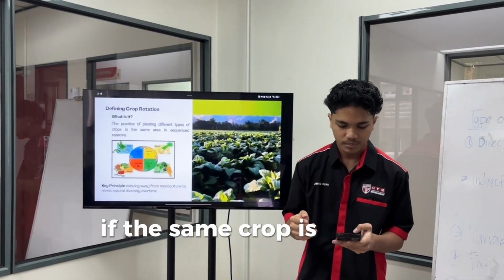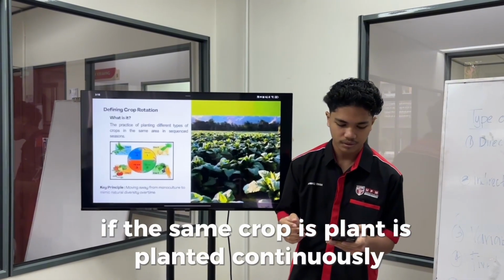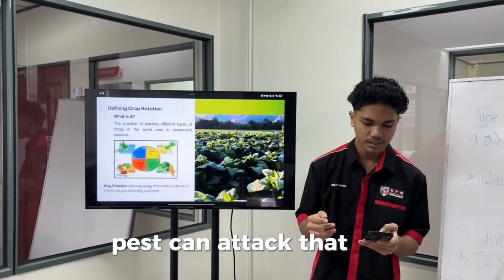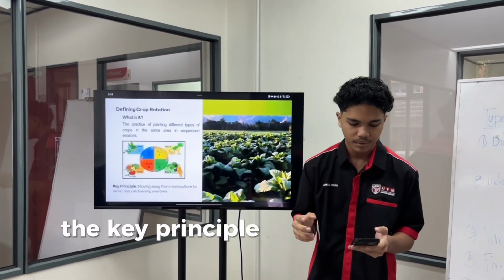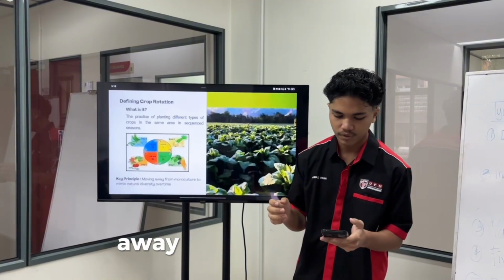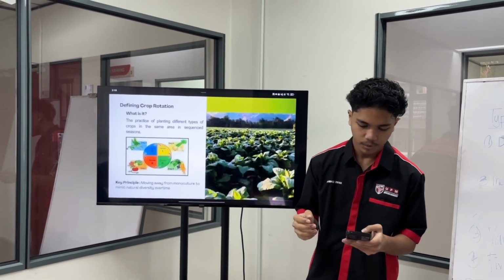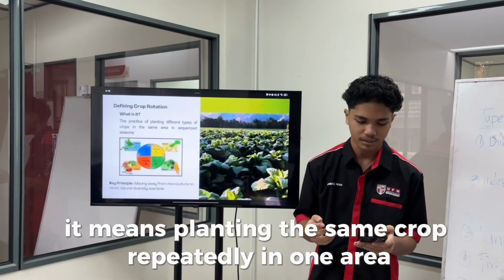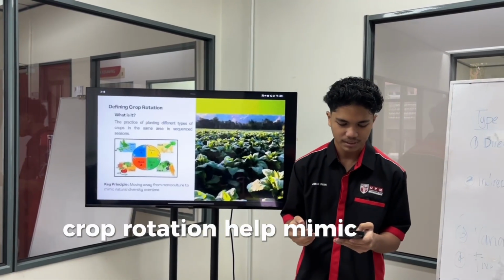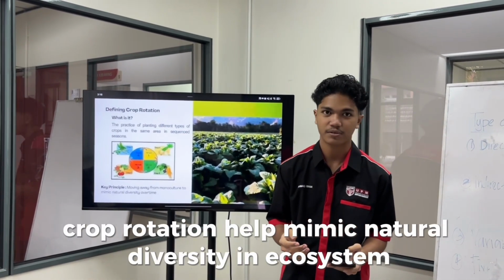If the same crop is planted continuously, pests can attack that crop, easily survive, and multiply. The key principle of crop rotation is moving away from monoculture, which means planting the same crop repeatedly in one area. Crop rotation helps mimic natural diversity in the ecosystem.